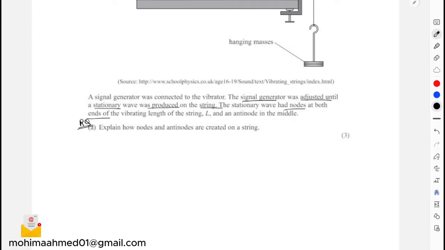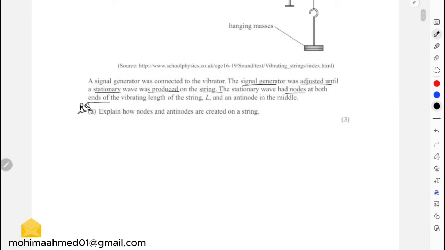So these are very much repeated questions. I would suggest you memorize the 3 points I'm going to write in the answer over here.